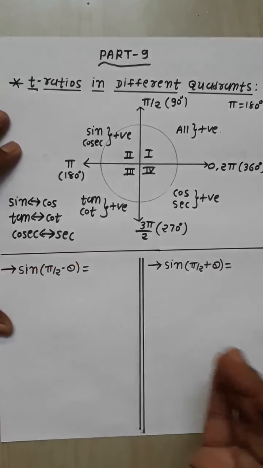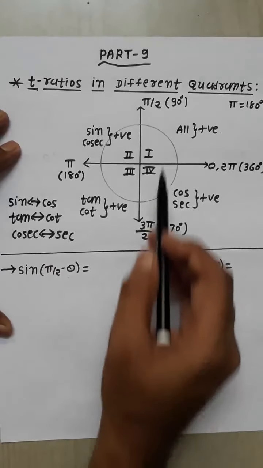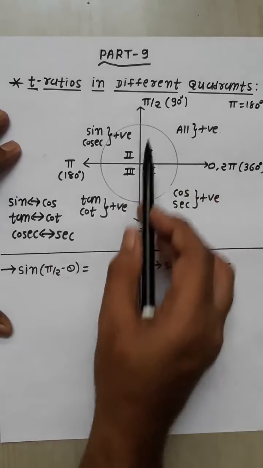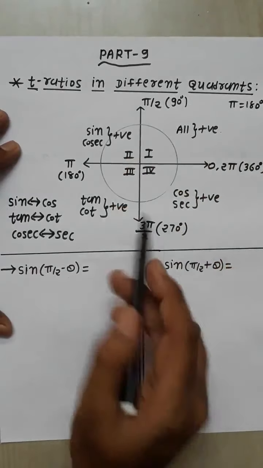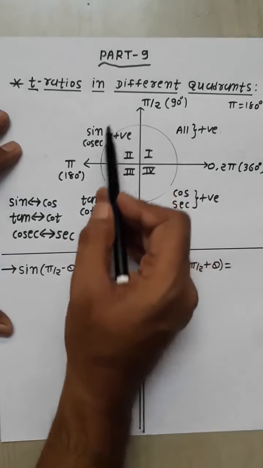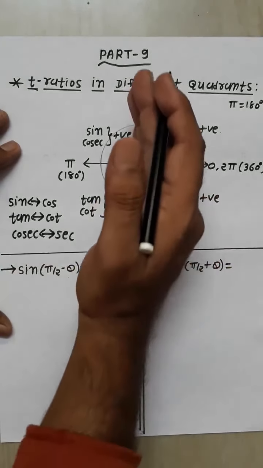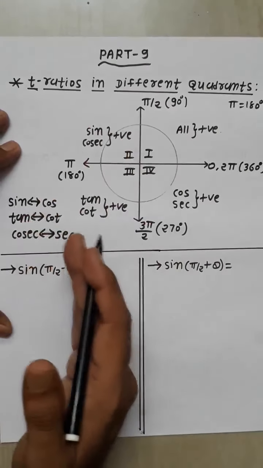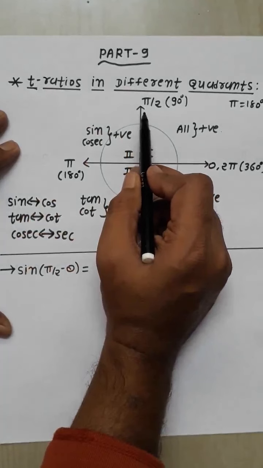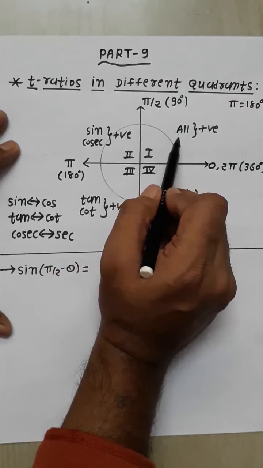Now how is it converted? The value is present on the y-axis, that is, pi by 2 is present in the angle. So we can convert the function like this: first of all, the quadrant moves anti-clockwise. Suppose sine of pi by 2 minus theta, so pi by 2 is present here with a minus, which means this angle lies in the first quadrant.